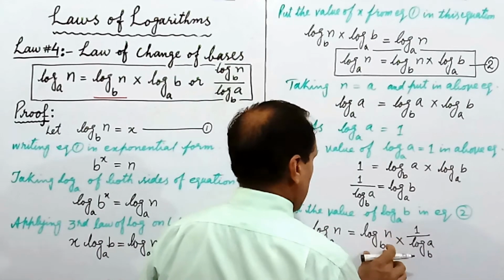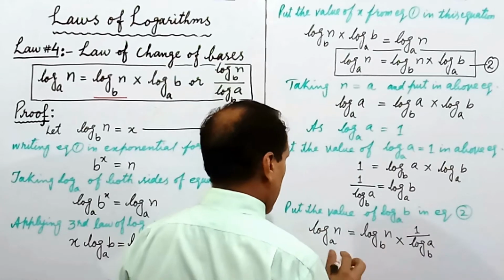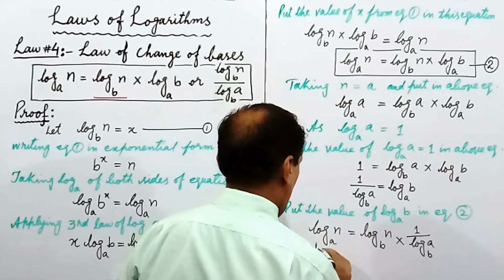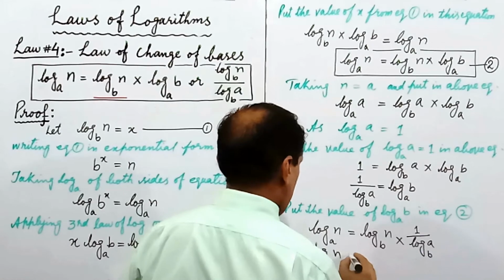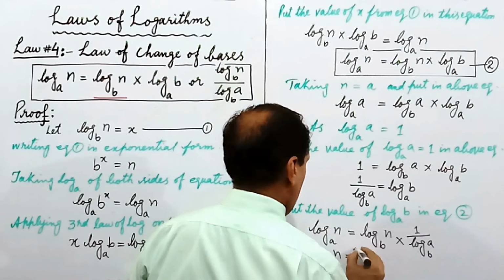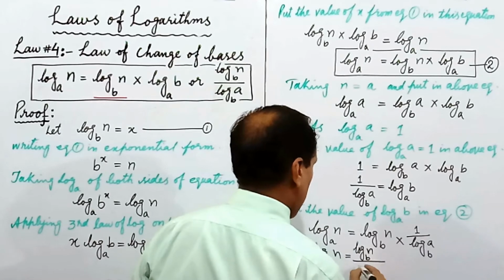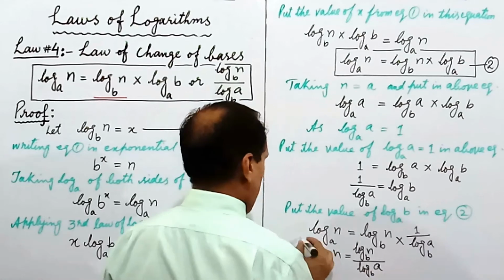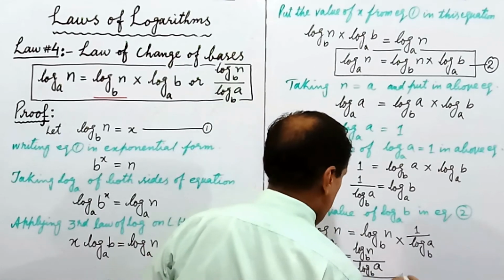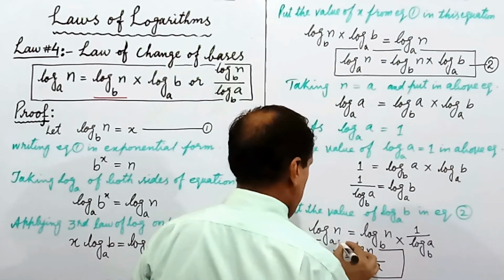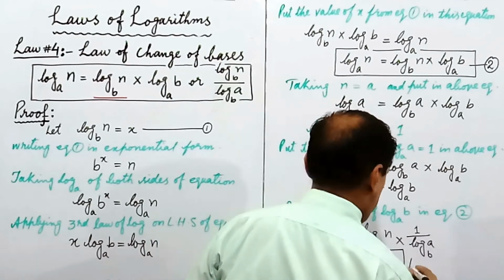Multiplying log n to the base b by 1, we have log n to the base a is equal to log n to the base b whole divided by log a to the base b. Hence, it is proved.